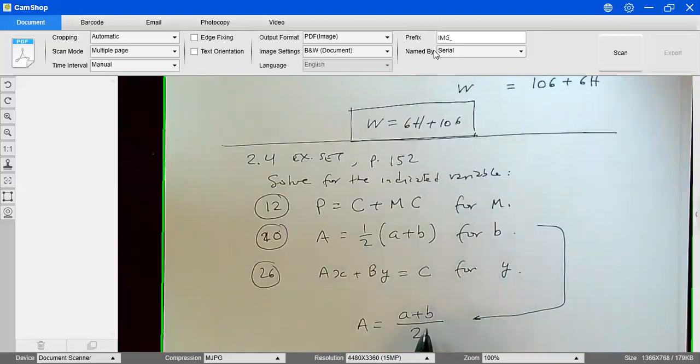Then you're going to need to get rid of the denominator, then solve for B. So I'm going to give you a couple of minutes to work on this, and then we're going to continue with the same section. So I'll start collecting your classwork, because at the end you're going to need to take screenshots of all your work to submit.